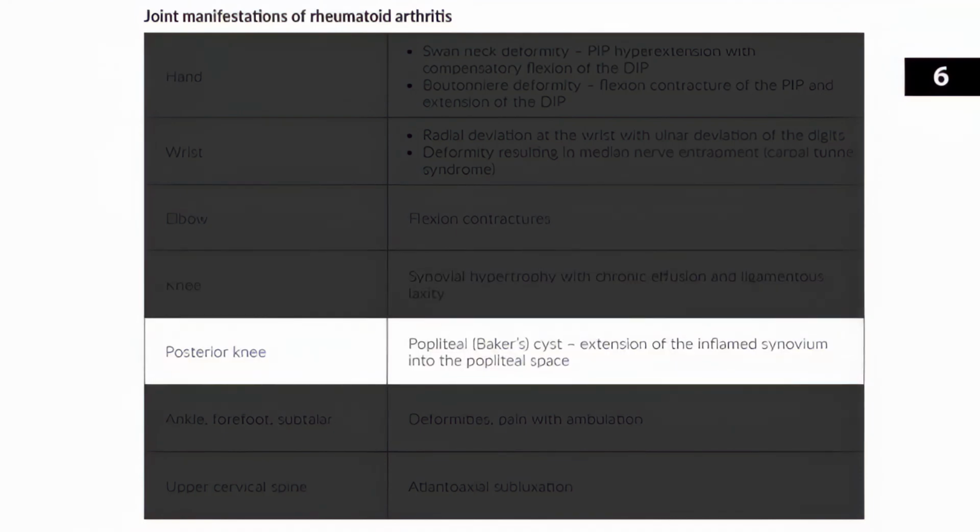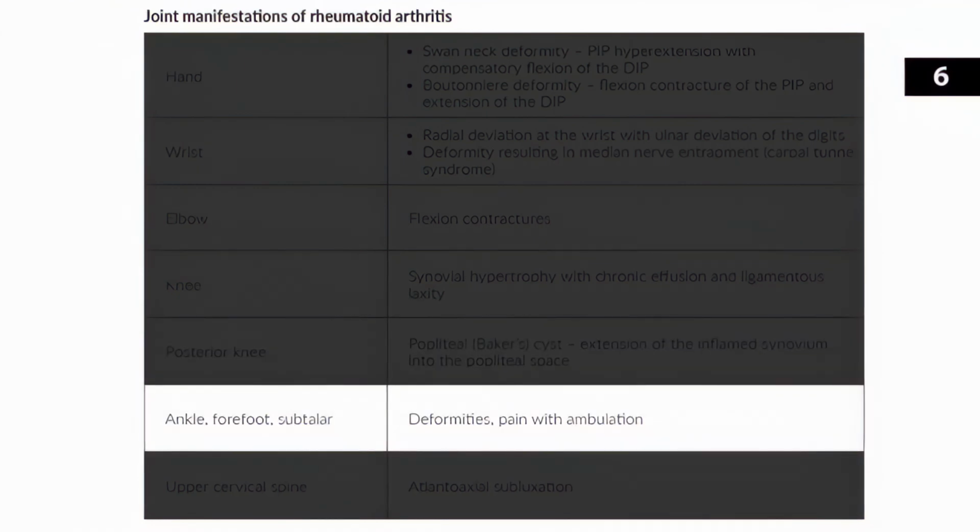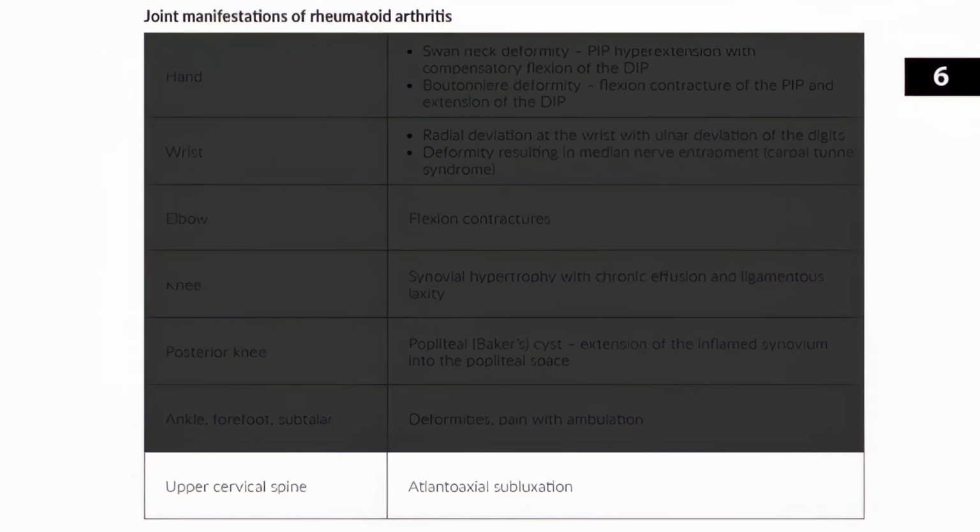On the posterior aspect of the knee, a Baker cyst may form due to herniation of the inflamed synovium into the popliteal space. There can be deformities of the ankle, forefoot, and subtalar joint, resulting in pain with ambulation. And finally, at the upper cervical spine, there may be atlantoaxial subluxation. So rheumatoid arthritis usually does not involve the thoracic spine, the lumbar spine, or the sacrum.